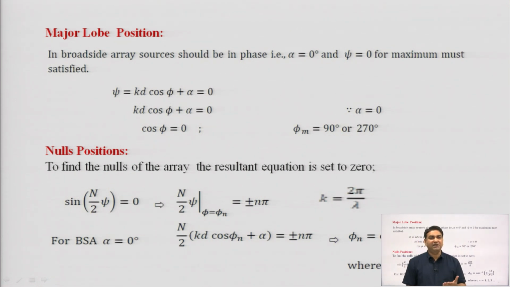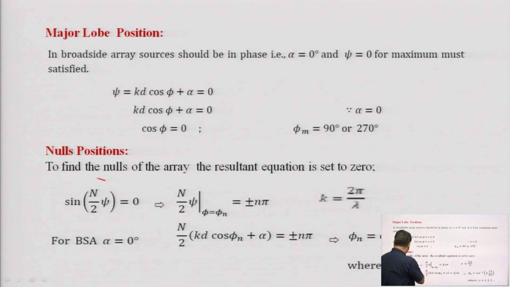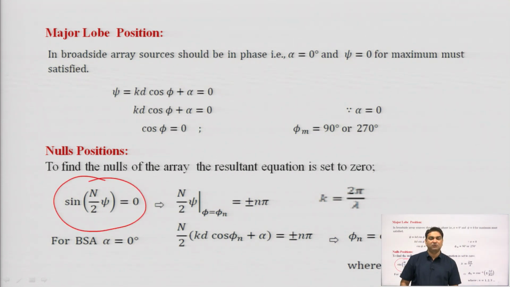Now, for getting the different minor lobe directions, that is the null positions. To find the nulls of the array, the resultant equation is set to 0, and it is calculated using sin(nψ/2) equal to 0.